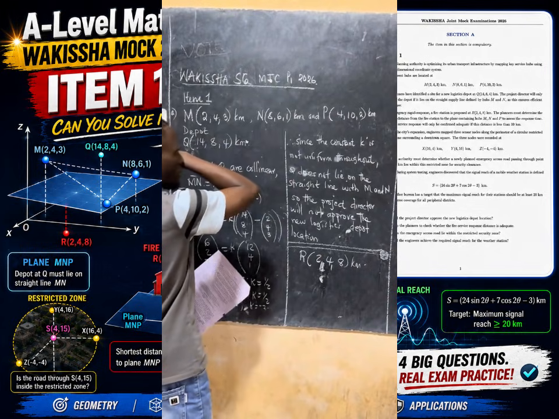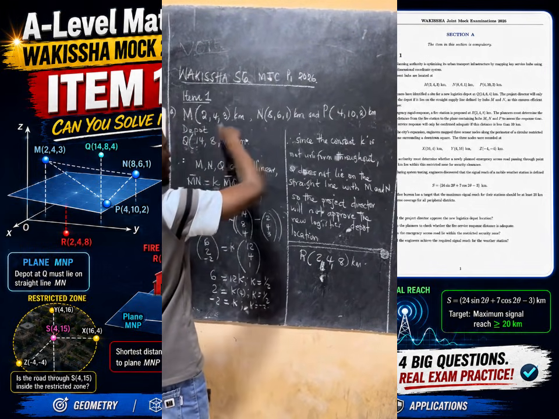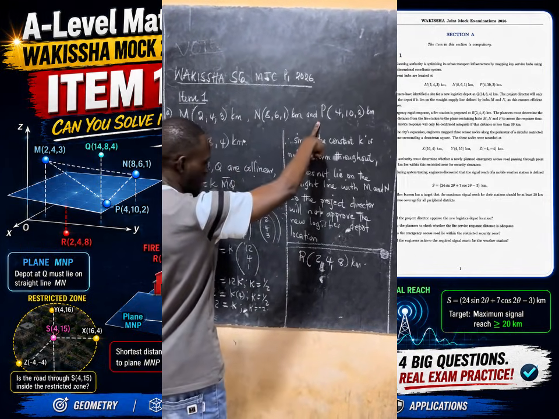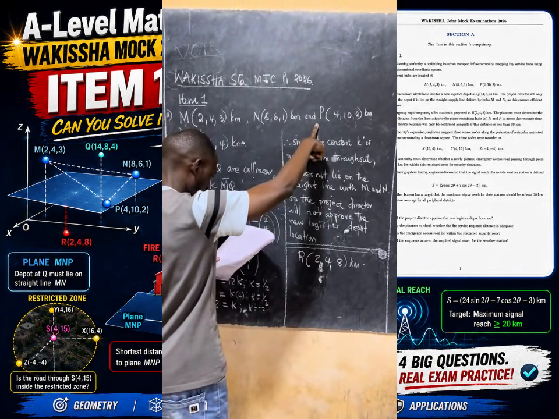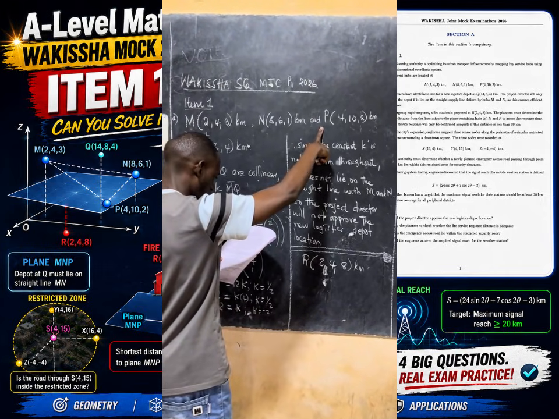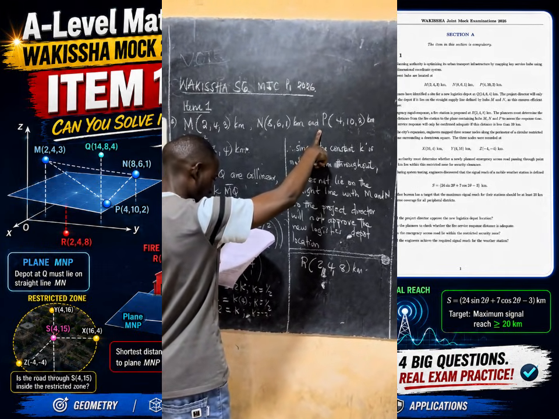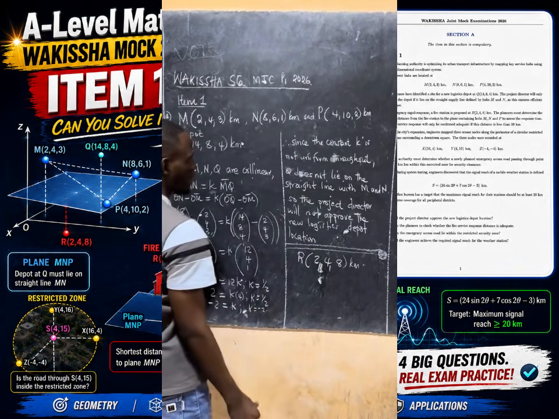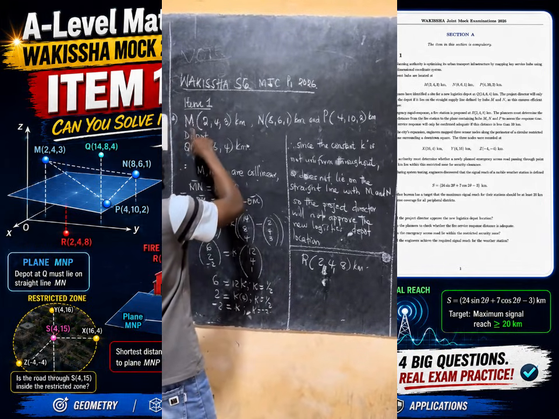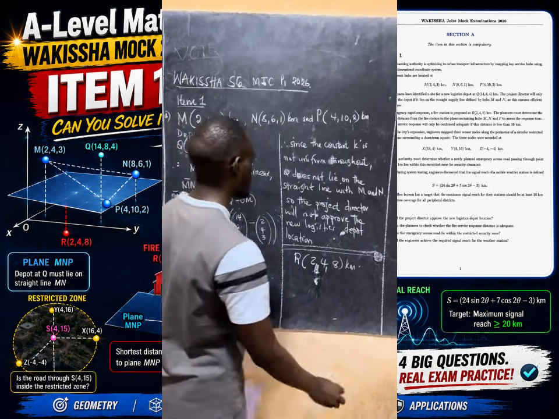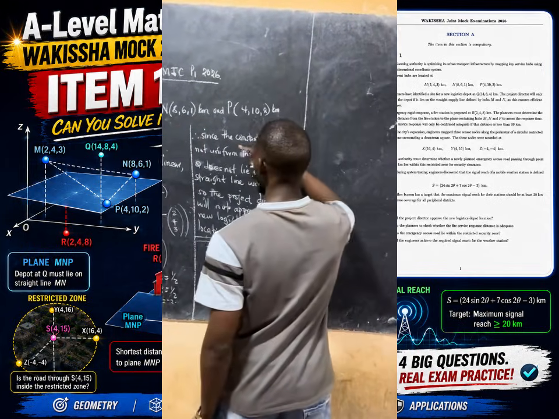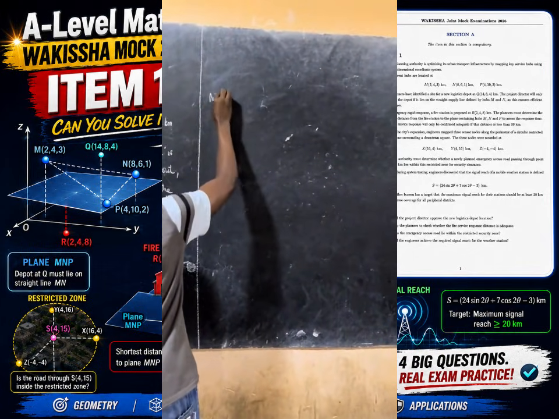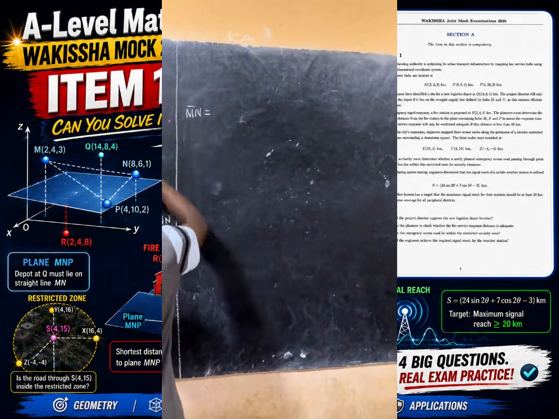A plane is going to be like a region that contains M, N, and P. They want a shortest distance that should be less than 10 kilometers. So let us formulate a plane given 3 coordinates. Since we have M, N, P, I'm going to start by getting my MN, which I already have.